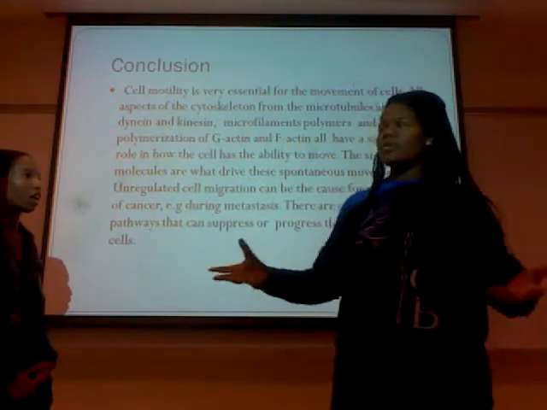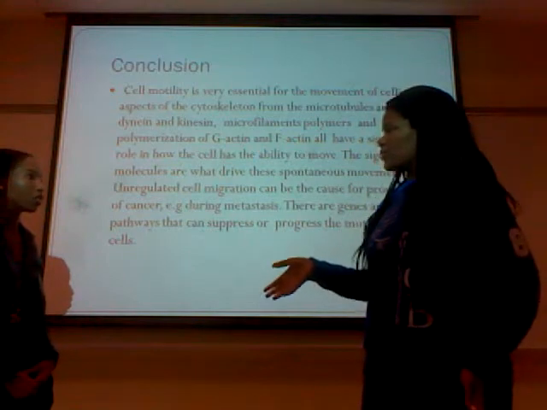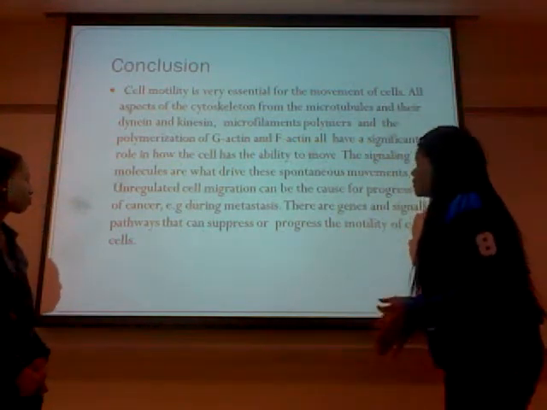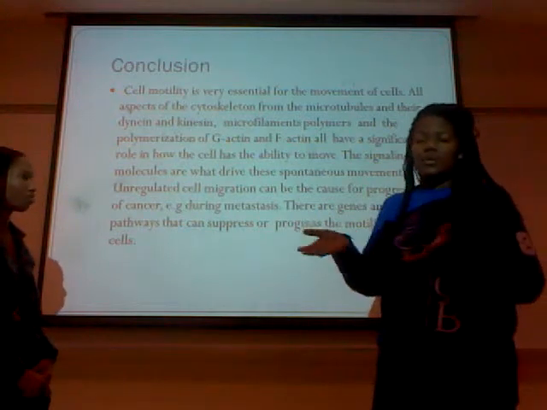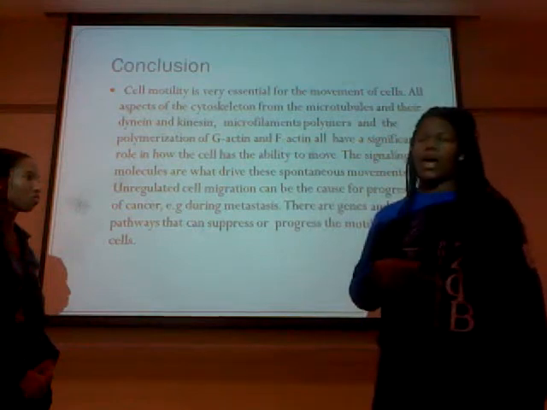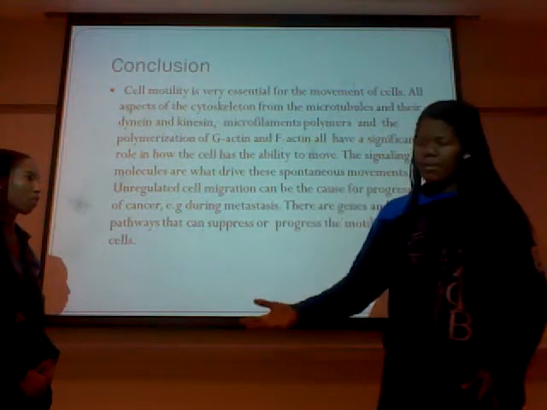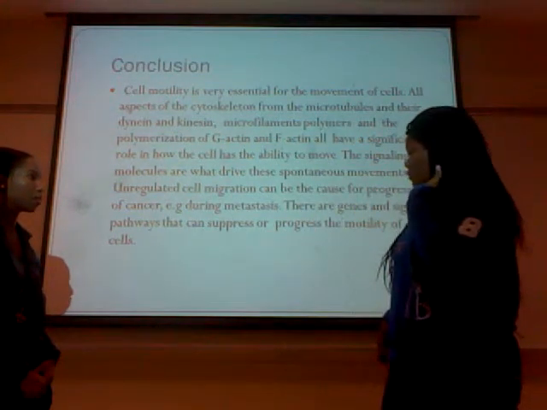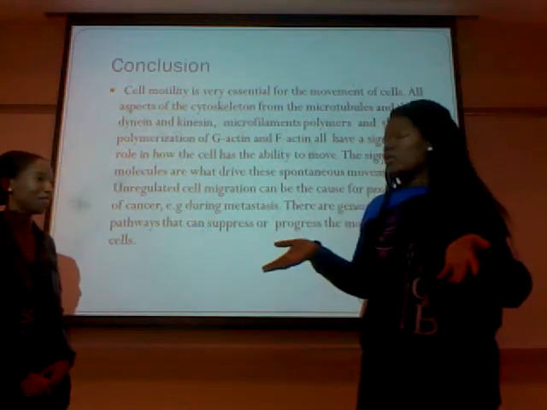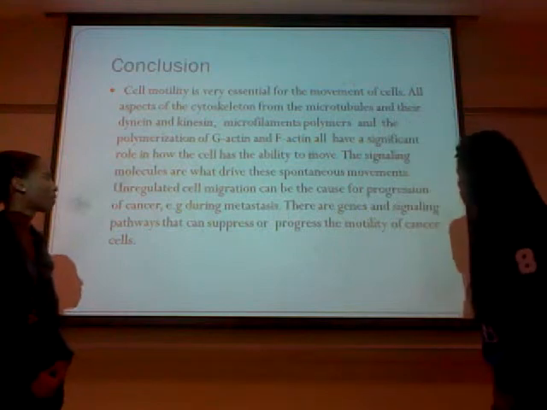For cells to migrate, essentially the cell has to be able to move to those different parts of the body. Having actin polymerization happening, having migration happening, and having gene expression happening or not happening can make this cancer really dangerous, like I said before.